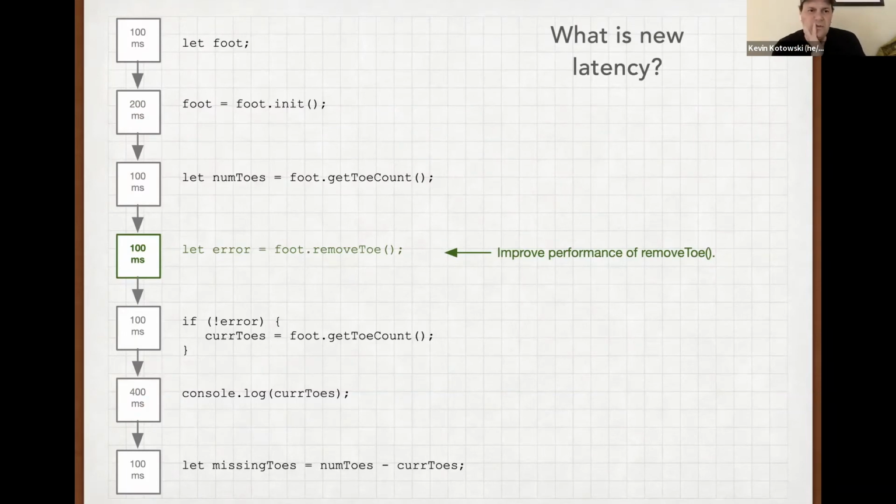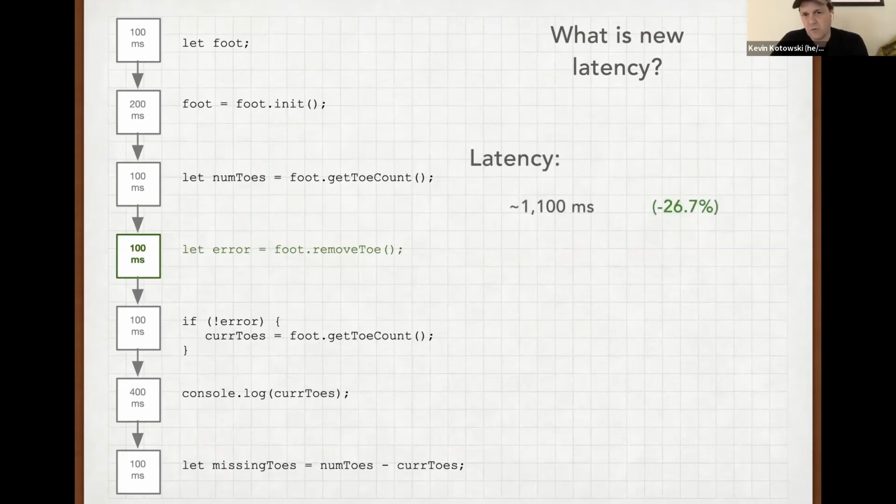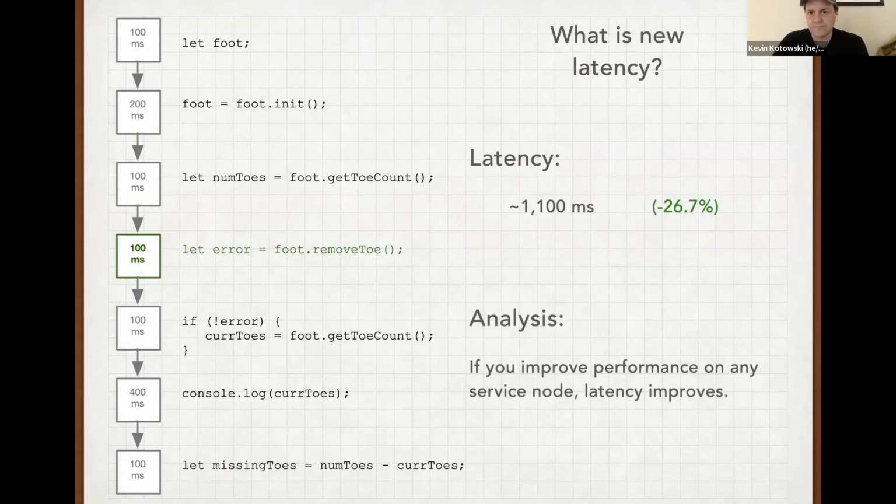It was 1500. Yeah, pretty straightforward. We improved it by 400 milliseconds because they're just in that straight line. So if you improve the performance on any service node, the latency is going to improve.